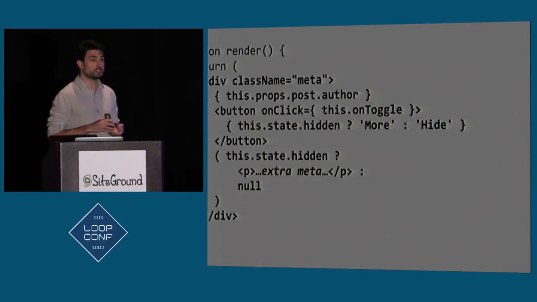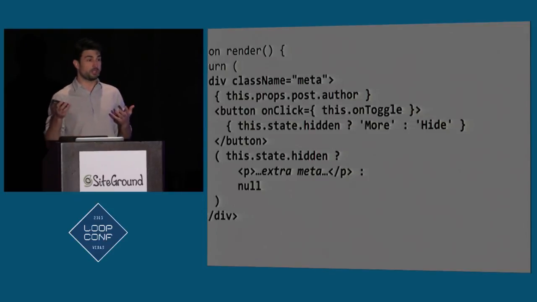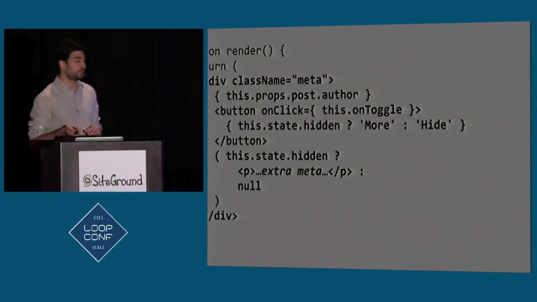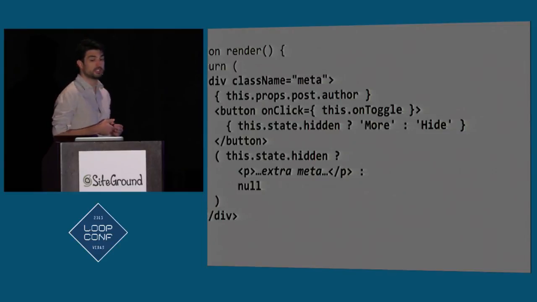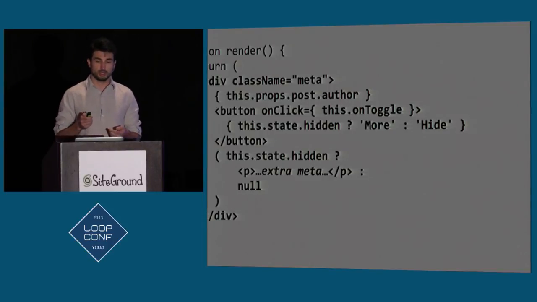And reasoning about what exactly changed my HTML, or why is the HTML in this weird state, are questions which are incredibly hard to answer in a normal application, while with React, it's pretty easy. And this is a huge change. We have been using it a lot for WordPress.com, and it has allowed us to add a lot of contributors to the project without the project very quickly becoming a huge mess.